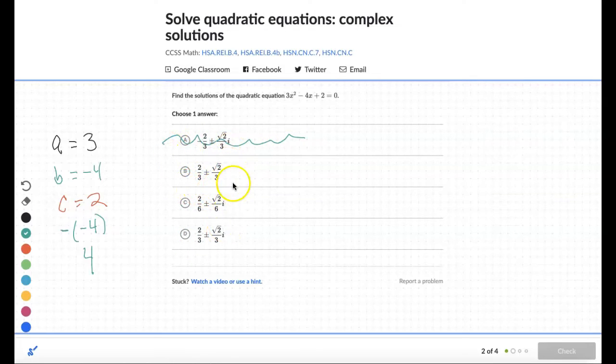So now we need to be careful and see what happens with our discriminant to see if it's positive or negative. So let's take a look at just that part then.